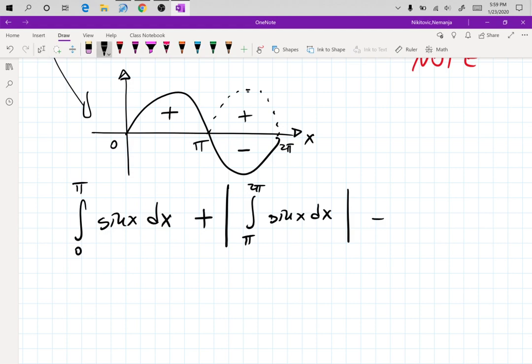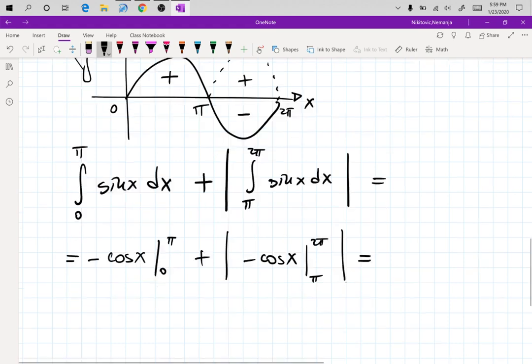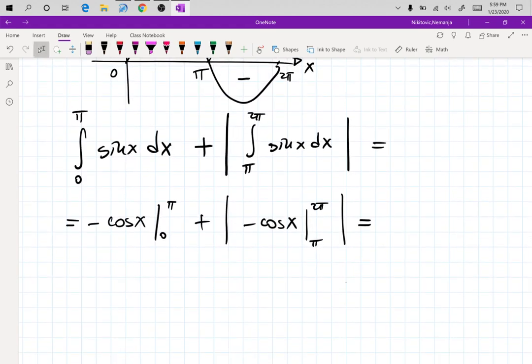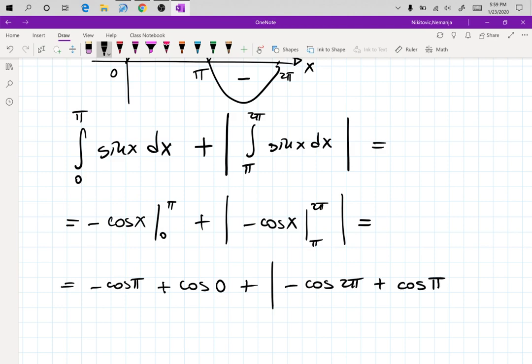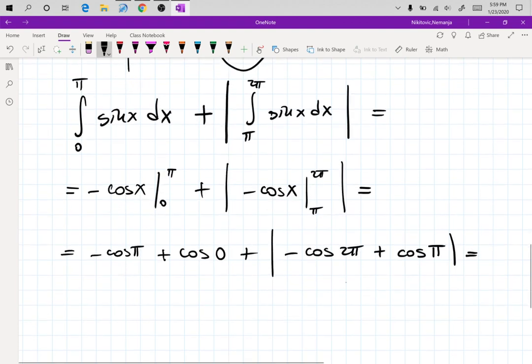So now, when I integrate this, I get negative cosine x from 0 to pi plus the absolute value of negative cosine x from pi to 2 pi, and then we go from there. So negative cosine pi plus cosine 0, plus the absolute value of negative cosine 2 pi plus cosine of pi. So now, cosine of pi is negative 1.